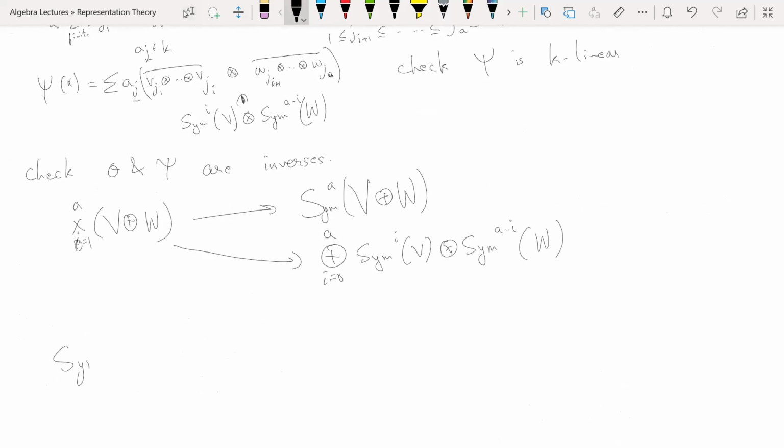So Sym V by definition is this, but I should also define the map.